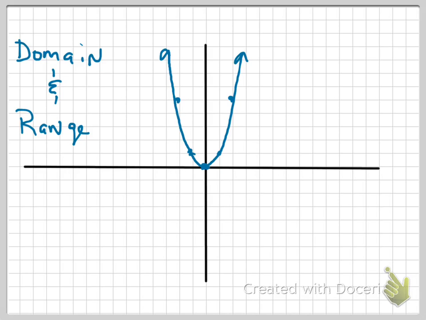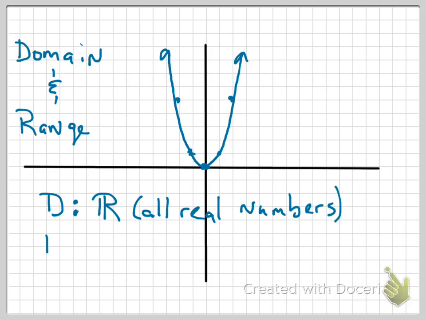Let's look at this. So the domain is the set of x values. Is there a limit to how far I can go to the left or to the right? No. So then for that, I'm going to say it's this symbol right here, which stands for all real numbers. Means any number could be your x, which would make sense. Honestly, that should be your answer for pretty much all the time for quadratic functions.